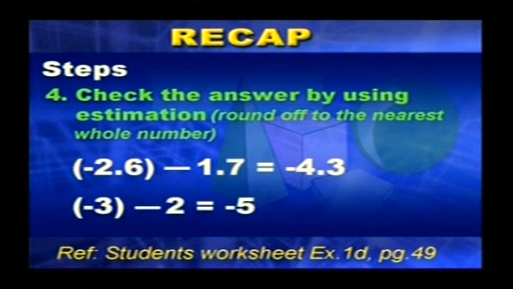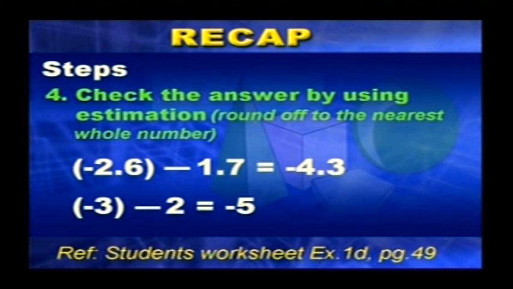Negative 3, and 1.7 becomes 2. So negative 3 subtract 2 is equal to negative 5. So negative 4.3 is close to negative 5. So you are just checking with the whole numbers.